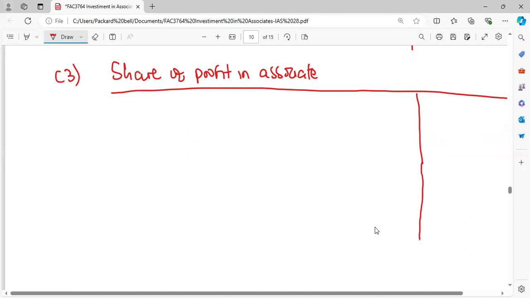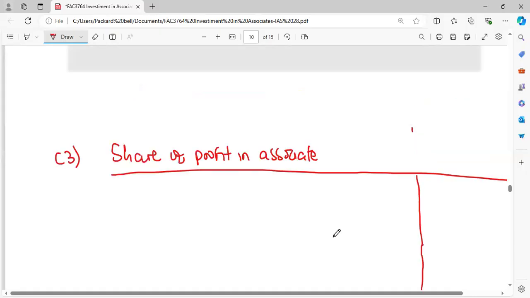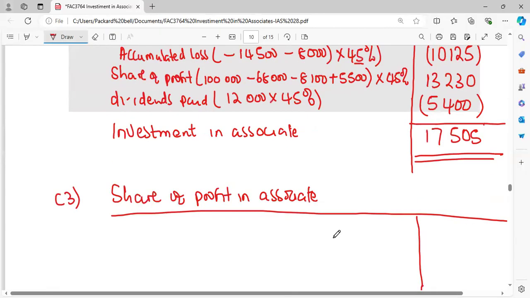This is going to be your last calculation. You need the share of profit in associate. Where do we start with the share of profit? Which means we just need the profit. What was the profit that was made? Then we share that profit.